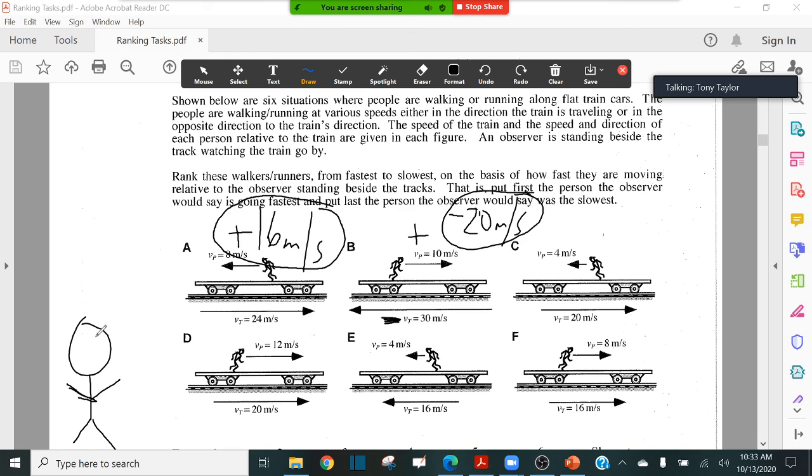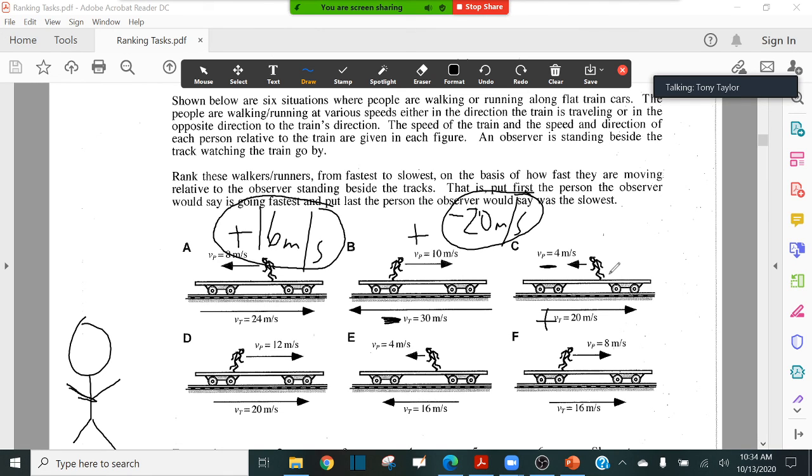Well, remember what I said, guys. Anything moving in this direction toward the east, we want to call a positive velocity, and anything moving toward the west, we want to call a negative velocity. So guys, when we combine those two velocities, what do we get there? Anyone?